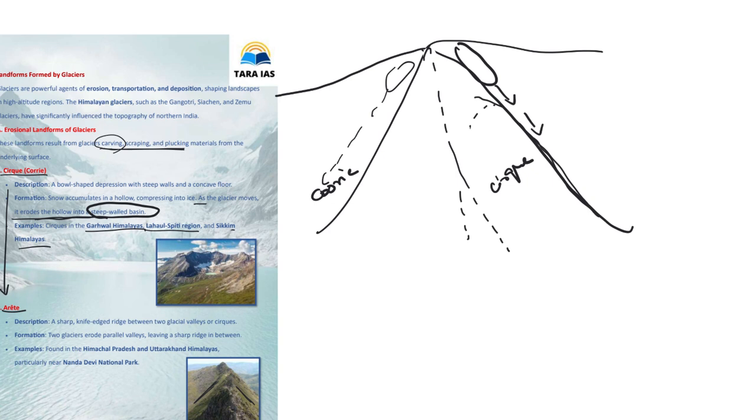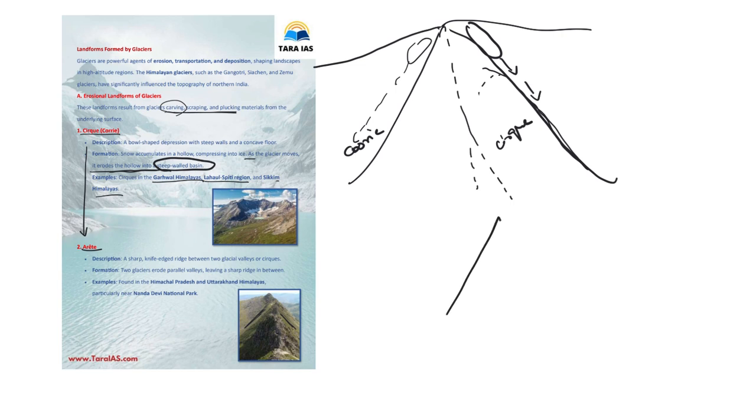As cirques form on two sides, this part has gone, erosion happened here, and here also erosion happened.